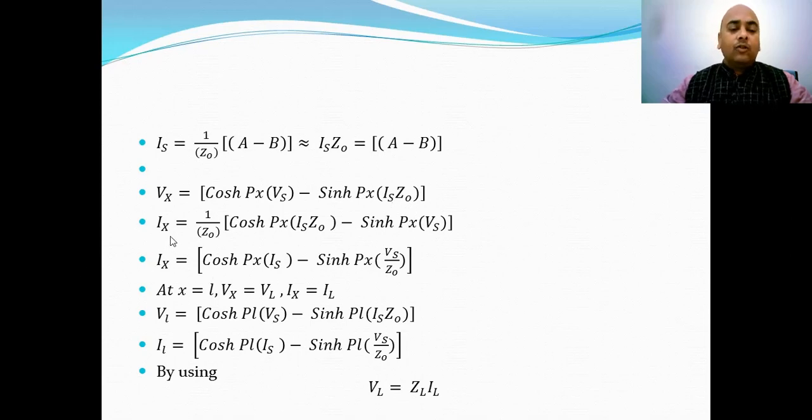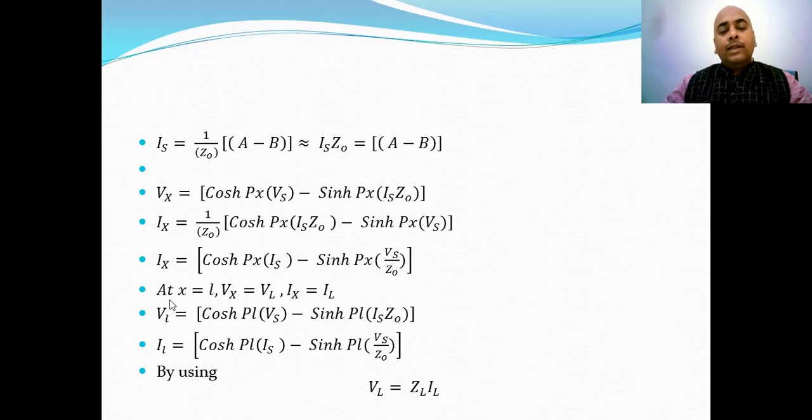Similarly, Ix obtained is 1 upon Z naught, cos hyperbolic px into Is Z naught minus sin hyperbolic px into Vs. Or just by elaborating this, we obtain that Ix is equal to cos hyperbolic px into Is minus sin hyperbolic px into Vs by Z naught.